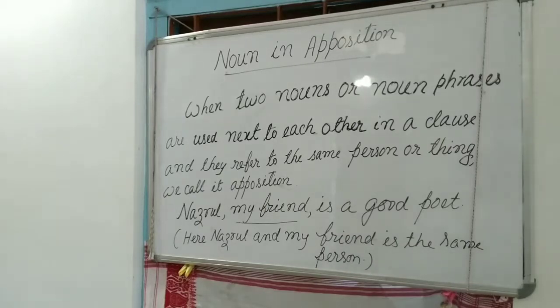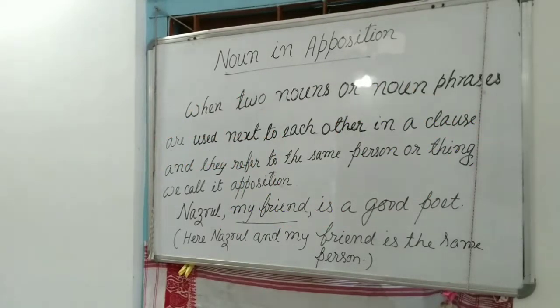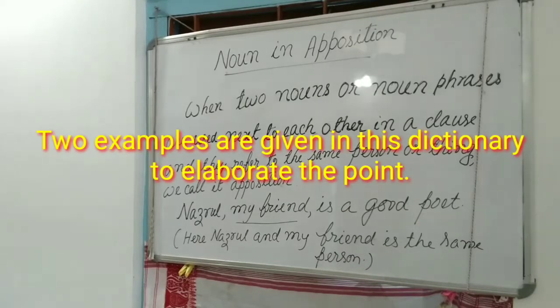Then the two elements are said to be in apposition. According to Cambridge Dictionary, when we use two noun phrases next to each other in a clause, they refer to the same person or thing. We call this apposition.